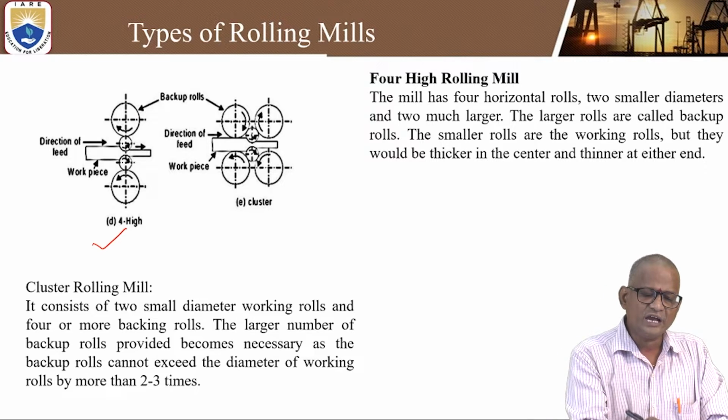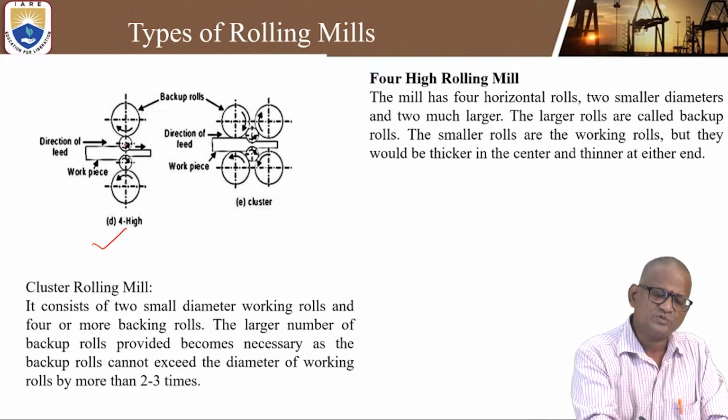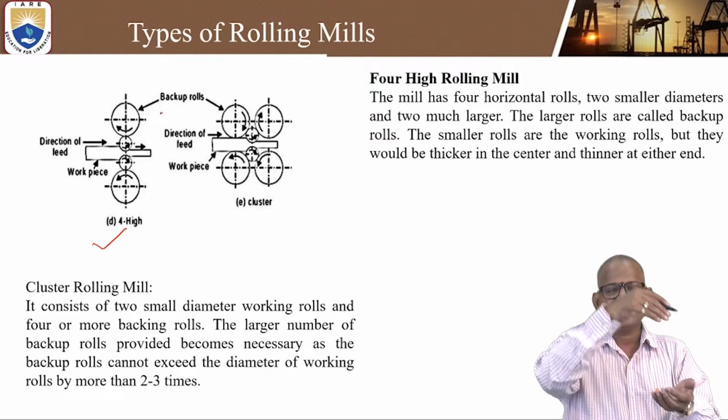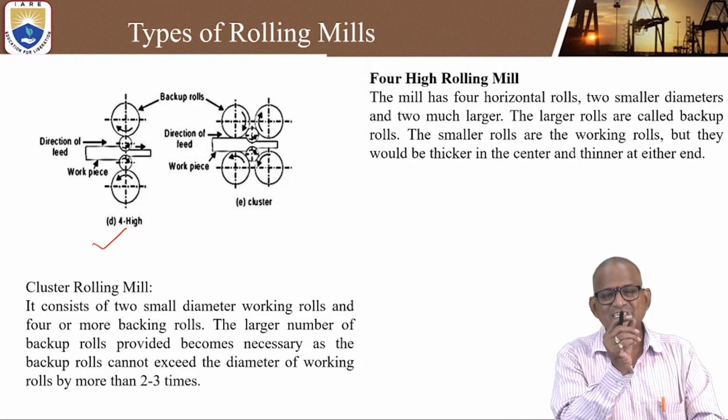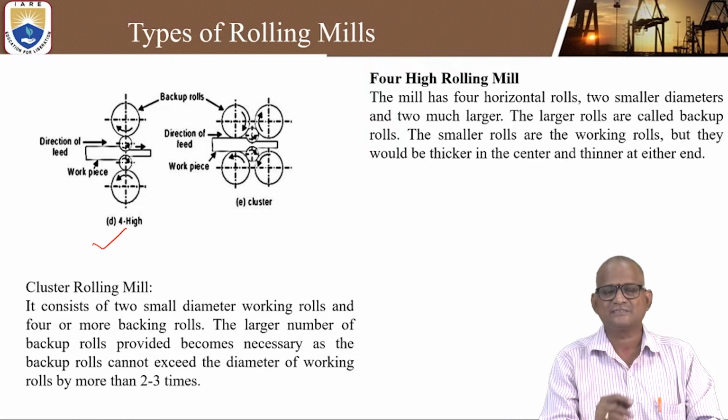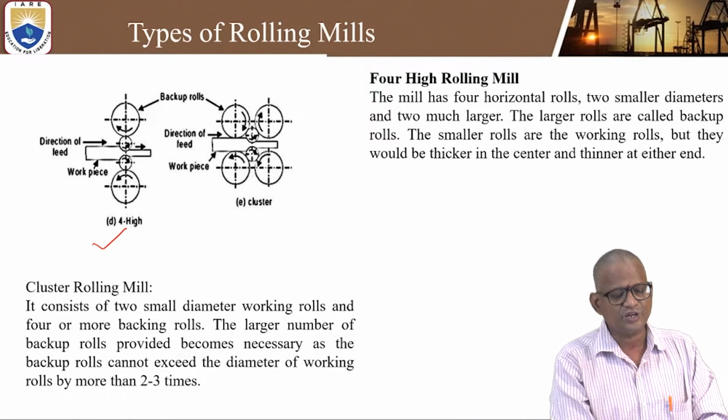Why do you have to add 2 more rollers above these rollers? To increase the compressive force, so that the amount of thickness reduction can be increased. That is why this is called the 4 high roll mill.